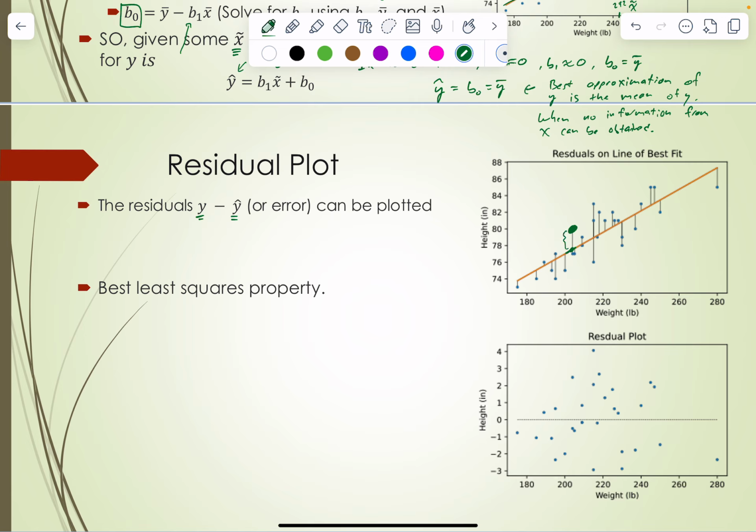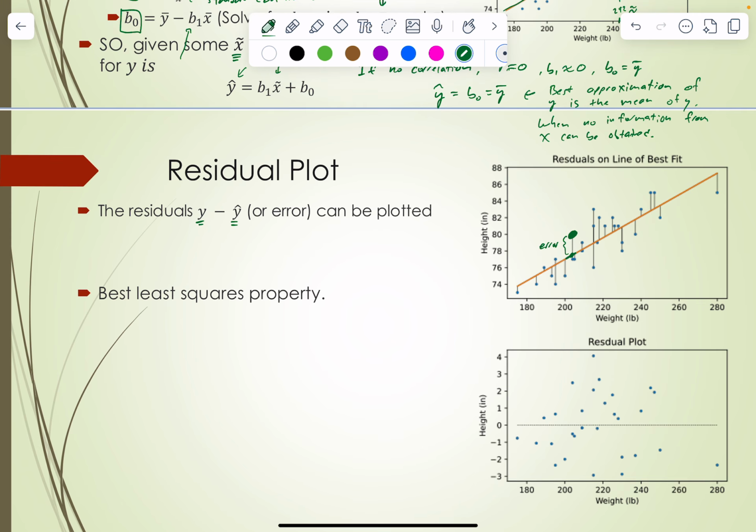This difference here is the error of our prediction. And we're pretty much always going to have some sort of predictive error, mainly because our data is generally noisy or depends on things other than what the x value is. This error is also known as the residual.